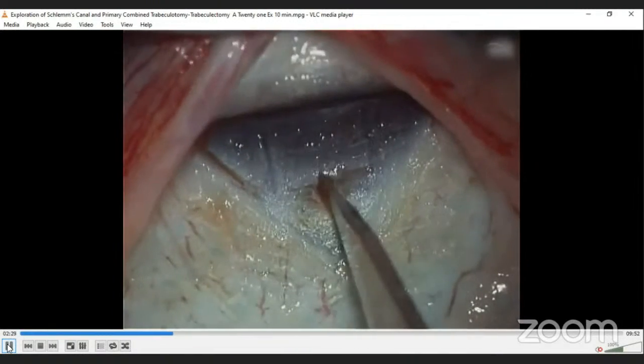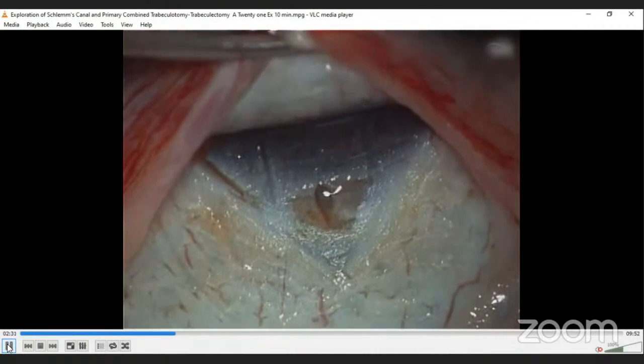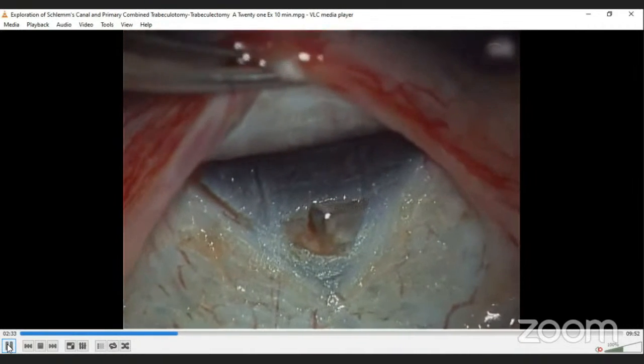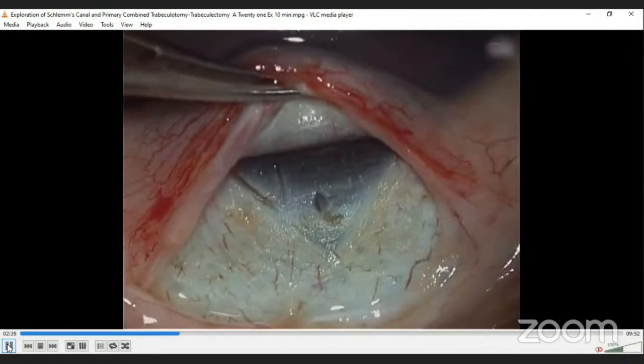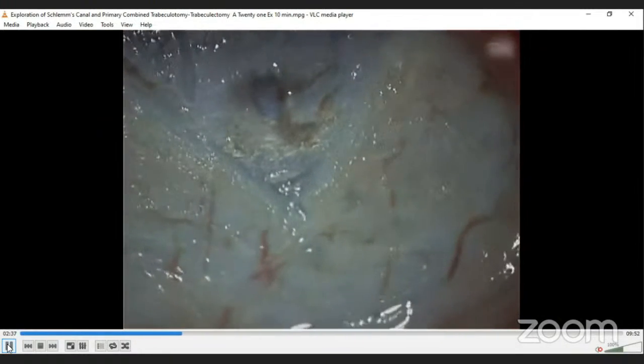At the end point, there will be a slow ooze of aqueous, as is evident here. In higher magnification, you can see the inner glistening wall of the Schlemm's canal, nothing but trabecular meshwork.